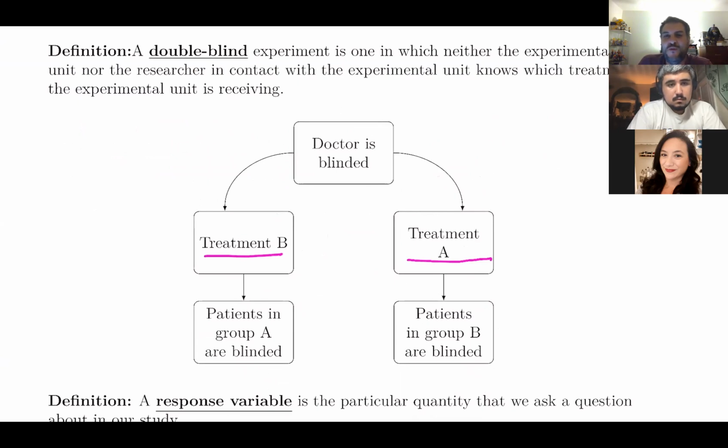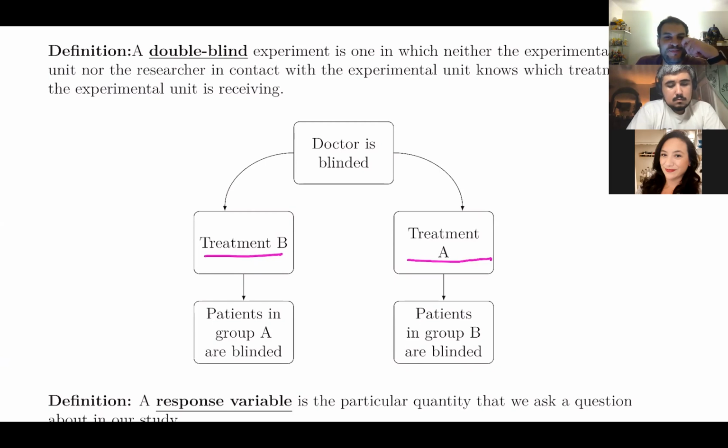So the doctor doesn't know which one they're giving to the patient, and the patient also doesn't know. The patient doesn't know if they're getting the treatment or the placebo, and the doctor administering it doesn't know either.